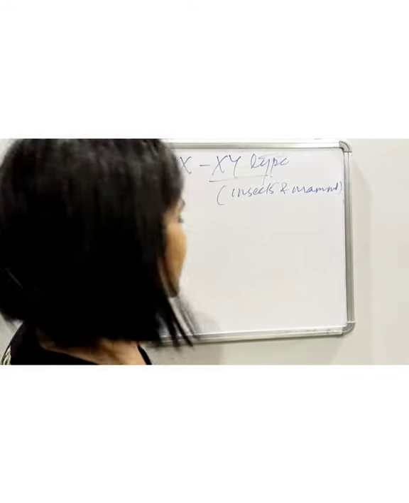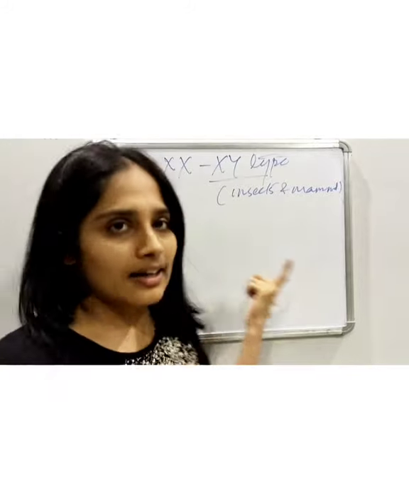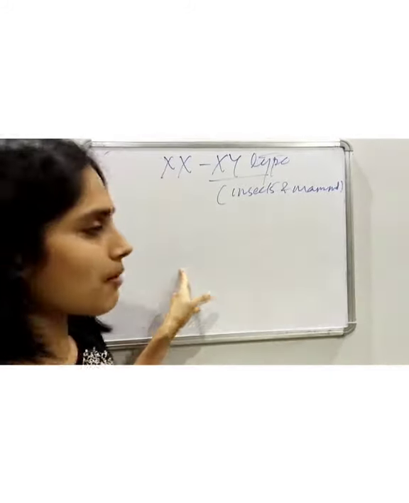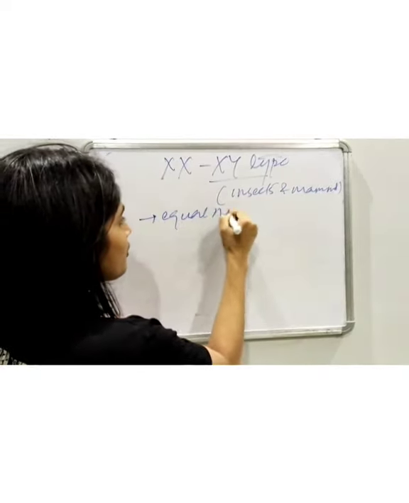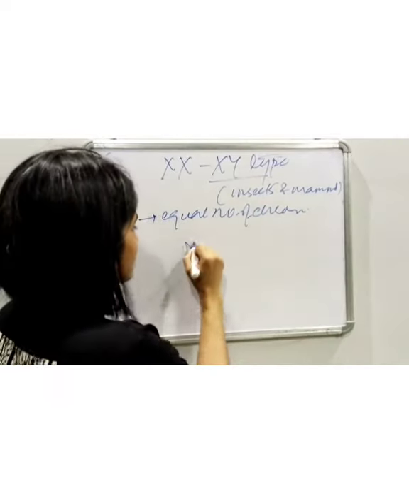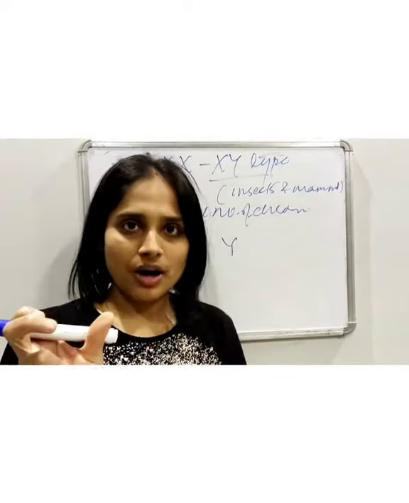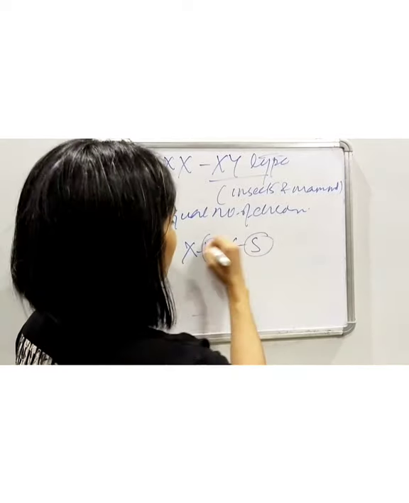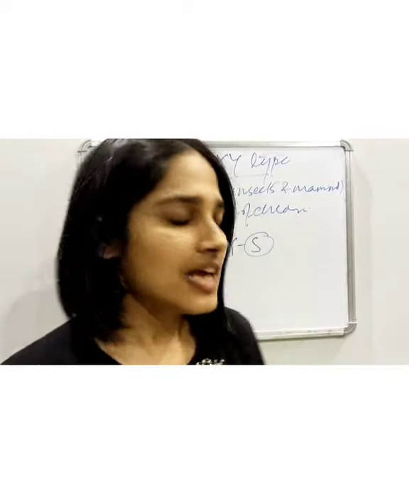Both males and females have the same number of chromosomes, unlike in grasshopper, where there were unequal numbers of chromosomes in males and females. The X chromosome is larger, while the Y chromosome is smaller.